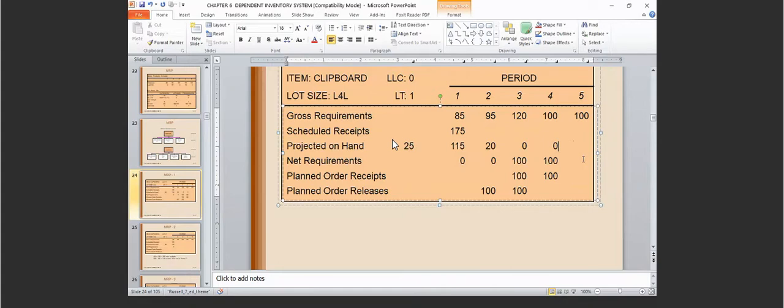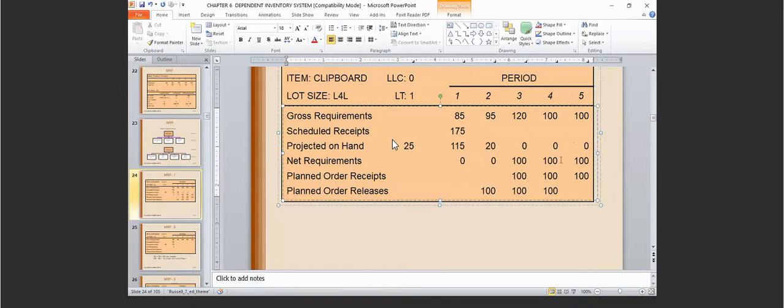So the net requirement here will be 100 and the planned order receipt here also will be 100, and the planned order release 100 unit, we go backward 1 period of lead time, so will be 100 unit in period 4.